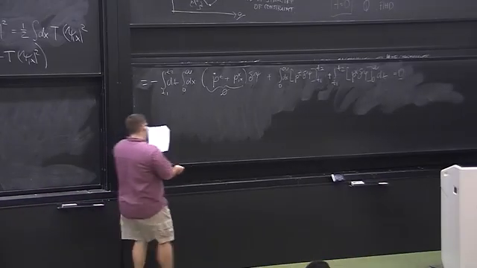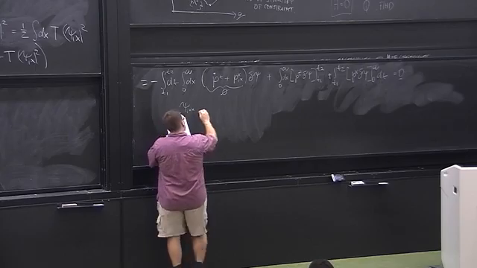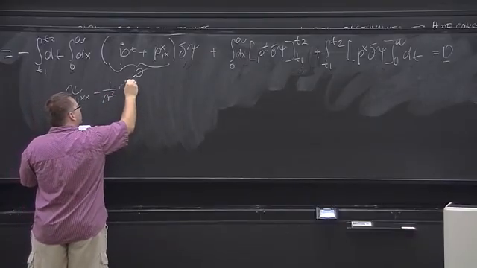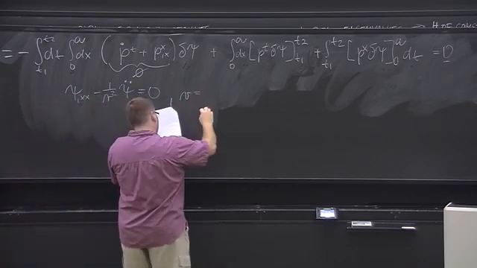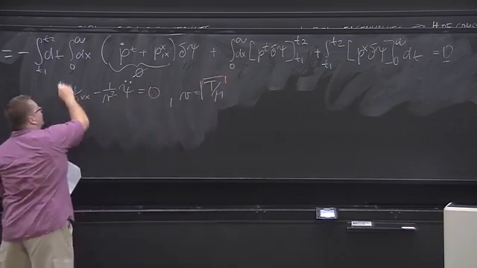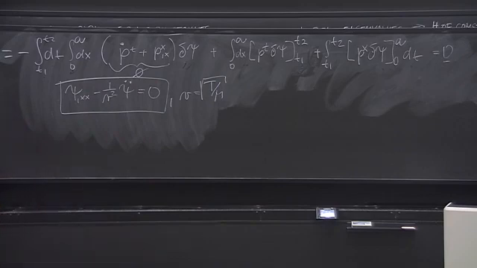So what you are getting is that ψ_xx minus 1 over v squared ψ double dot equals 0, where v squared is T over μ. So you are getting a wave equation with some velocity given by the tension of the string and the mass density of the string.